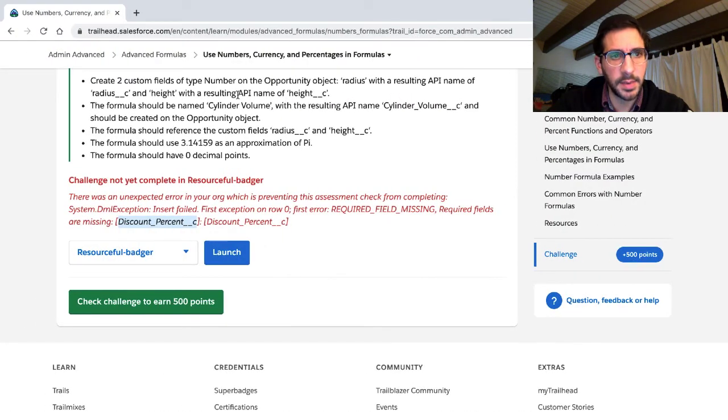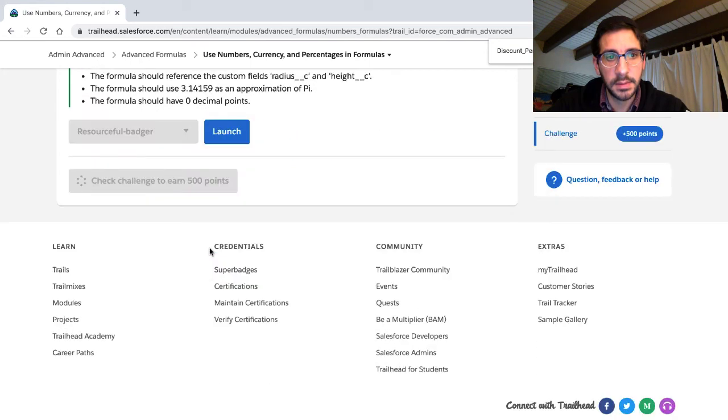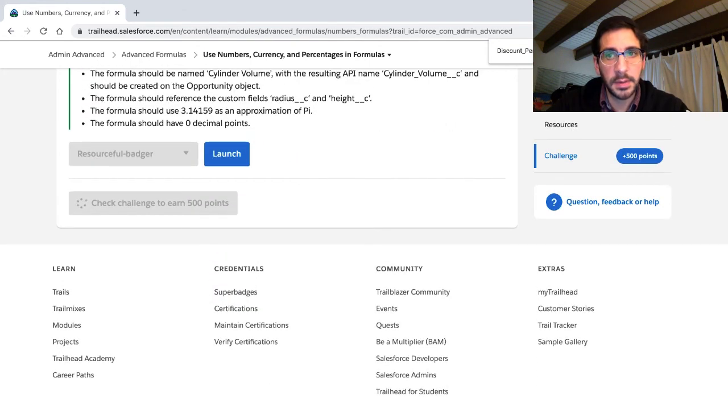Well, yeah, it's not there, but where should it come up? It's not mentioned anywhere else in here. I'll try running the check again.